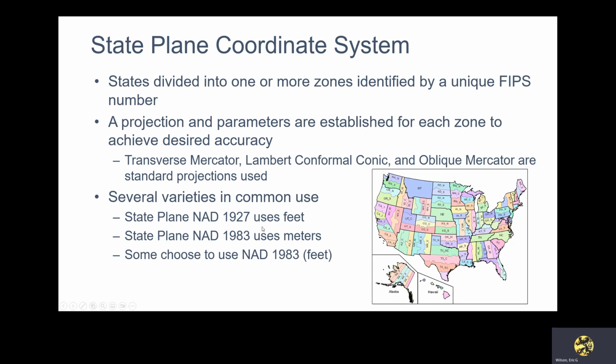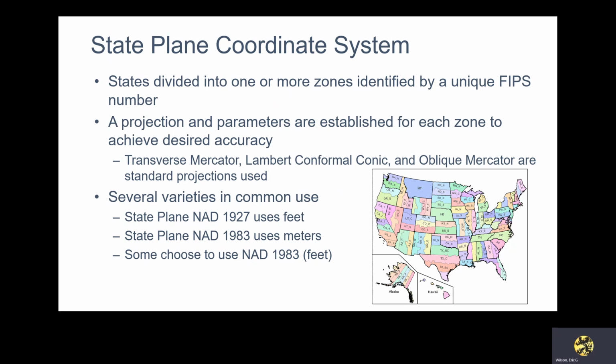A variety of different states have multiple zones, and the projection and parameters are established for each zone to achieve the desired accuracy. So you can basically say that they're shifting the datum, they're shifting the origin points, they're doing things with those different zones to get the best performance of the projection in different parts of their state. So it's really interesting to see how different states do it.